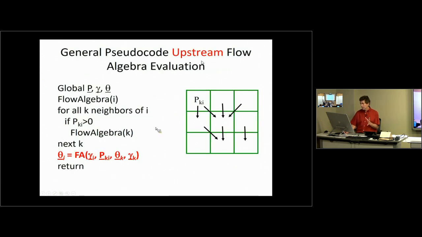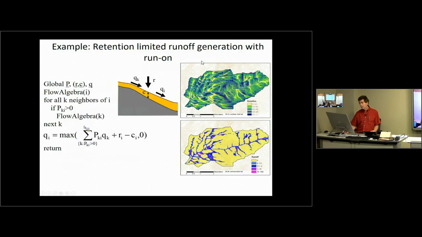I guess this just shows how you can evaluate it with a fairly simple extension to the flow accumulation algorithm. But you can do things like calculate flow accumulation subject to some retention capacity. Perhaps there's a capacity for soil to hold a certain amount of water that infiltrates first, and then the excess of that runs off.